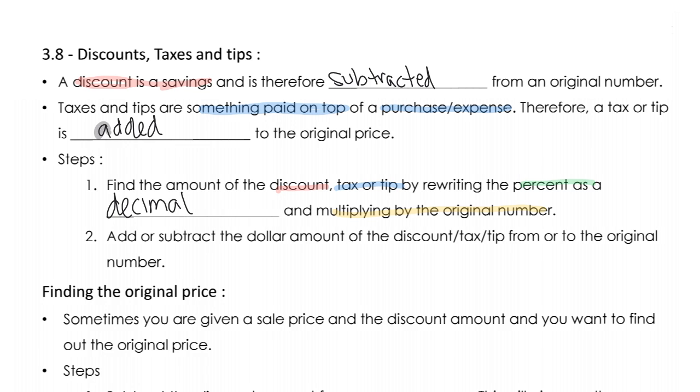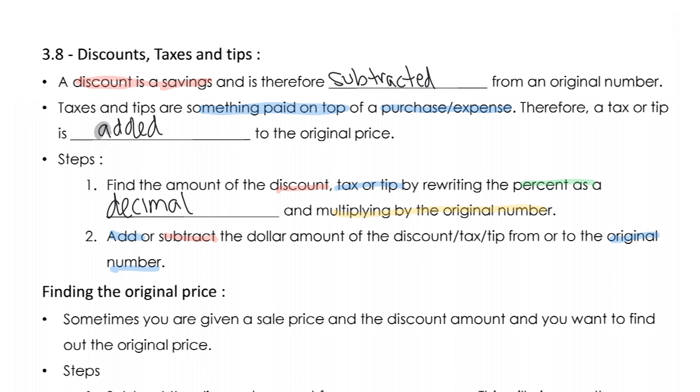Okay, so we're pretty much taking whatever percentage that we're saving or adding on to and creating it into a decimal and multiplying it by the original number. And then if it's a discount, you would subtract that value. Or if it's the tax or tip, you would add that to the original number. Okay. So there's the steps to discounts, tax, and tips.